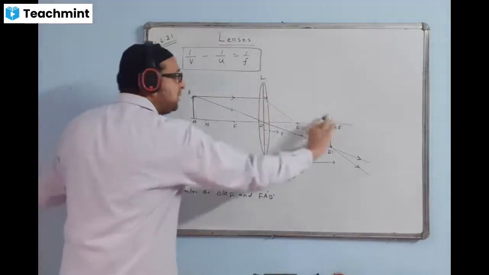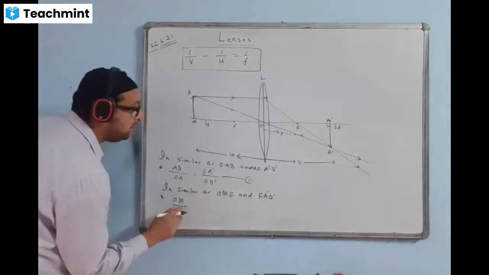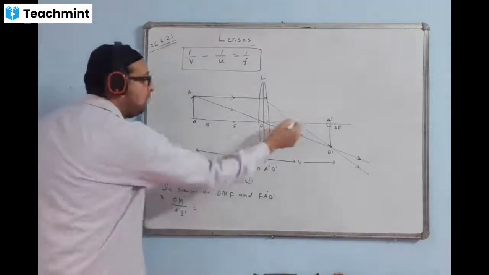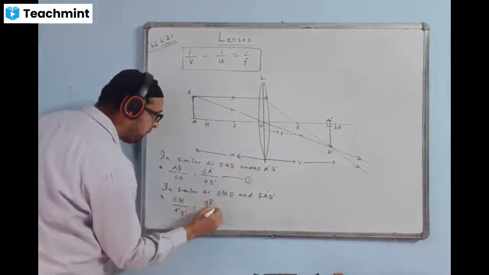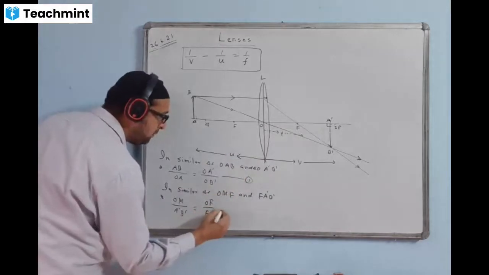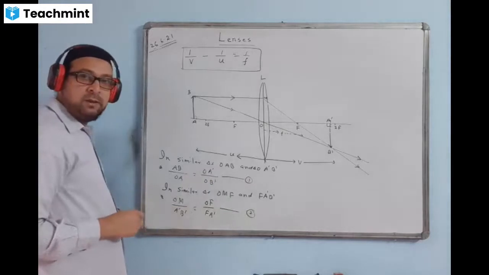We write that OM by A dash B dash is equal to OF by FA dash. Mark this as equation number 2.